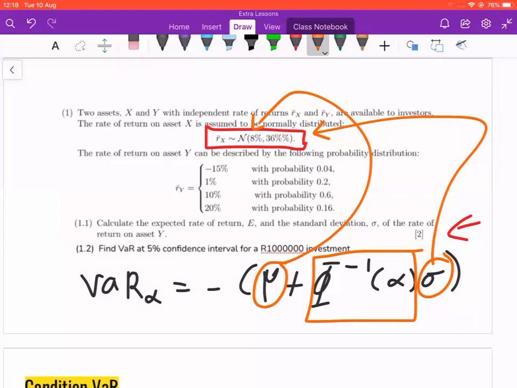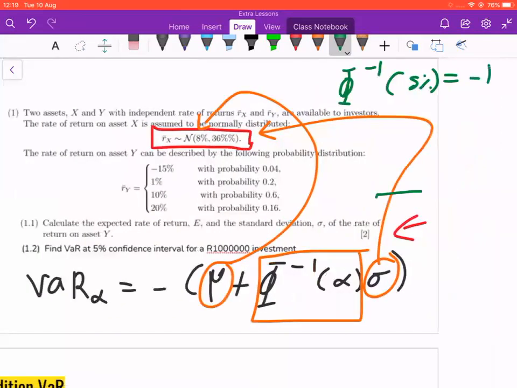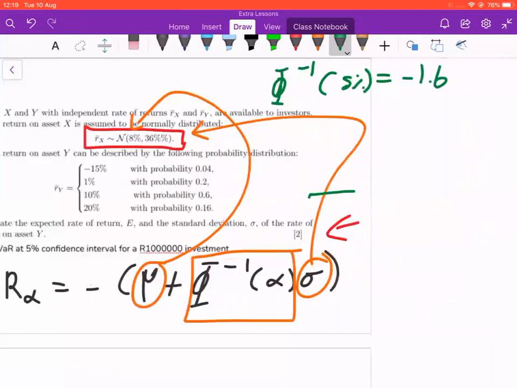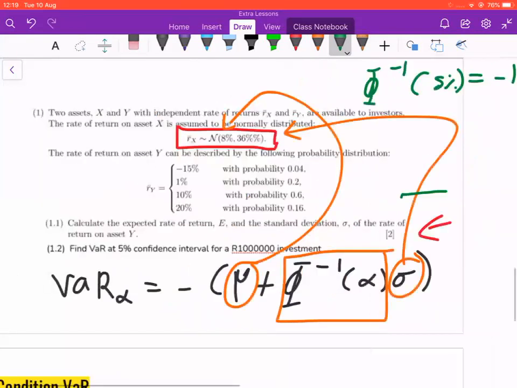Okay, anyway, this value over here is going to be negative 1,645.